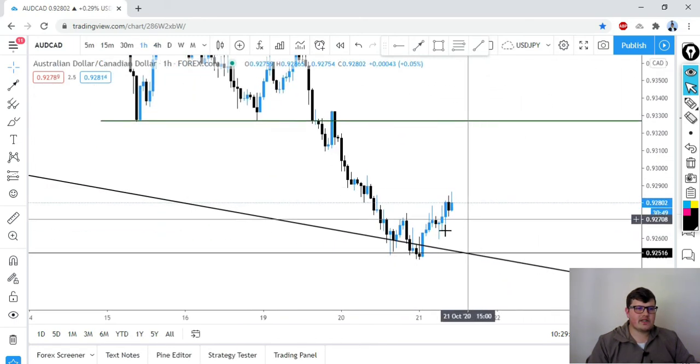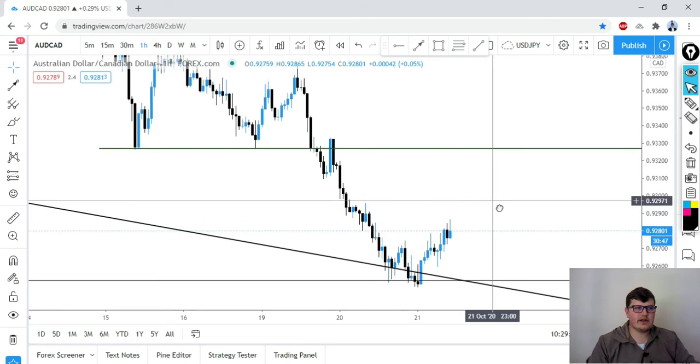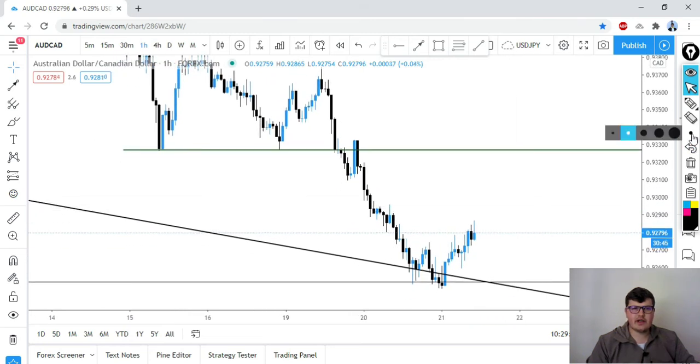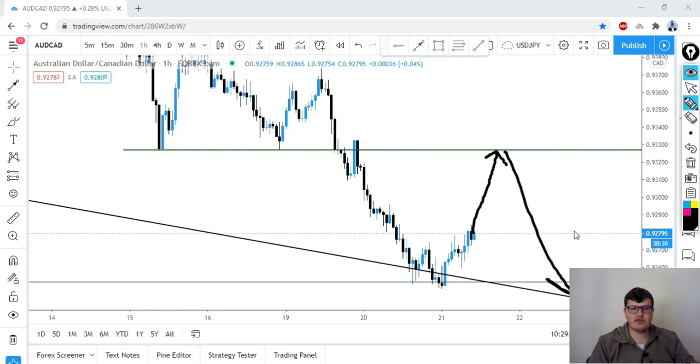These candlesticks all look aggressive to the upside to me. We can even test this resistance area over here, and price can even continue lower or be rejected over here, but we'll have to wait and see for the price action.